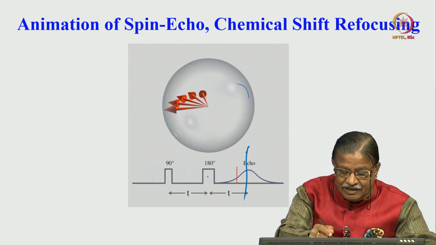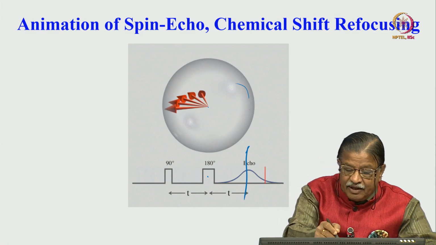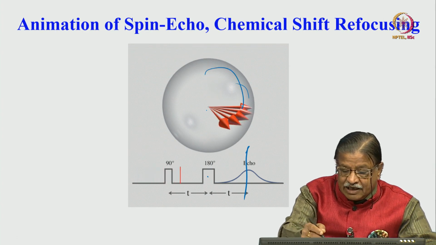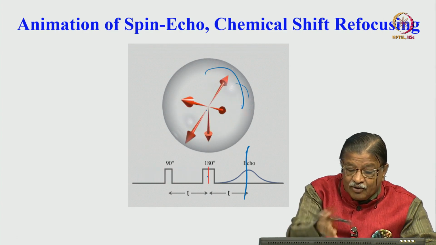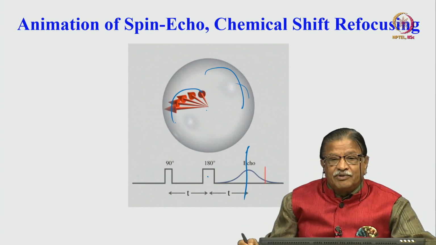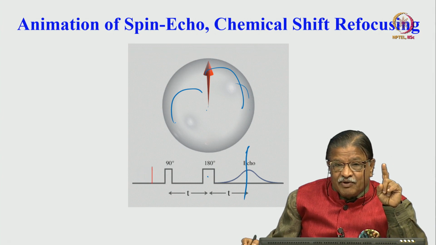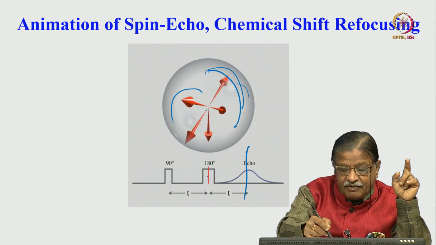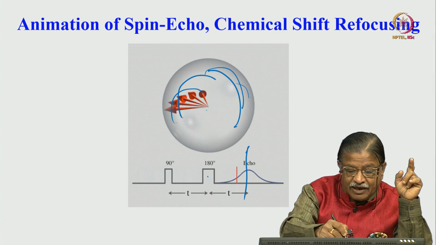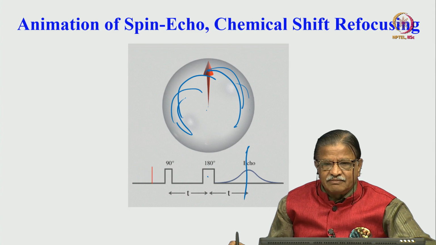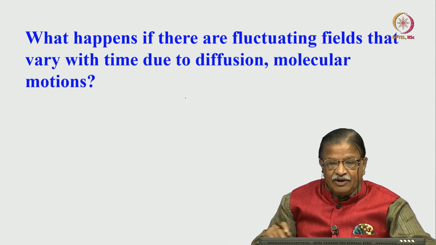This 180 pulse, what it does, you see, observe. It brings the vectors here, they start fanning out, and the 180 pulse rotates this like this. And again, they start moving in the opposite direction. Please see the direction of rotation. The ones which were rotating like this, now they continue to rotate in the same direction and then refocus. This is the video of a spin echo.